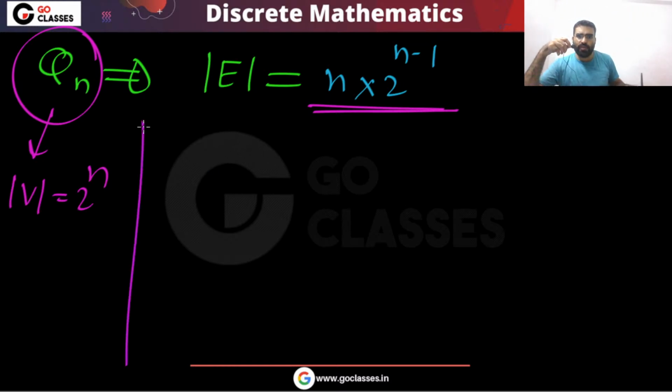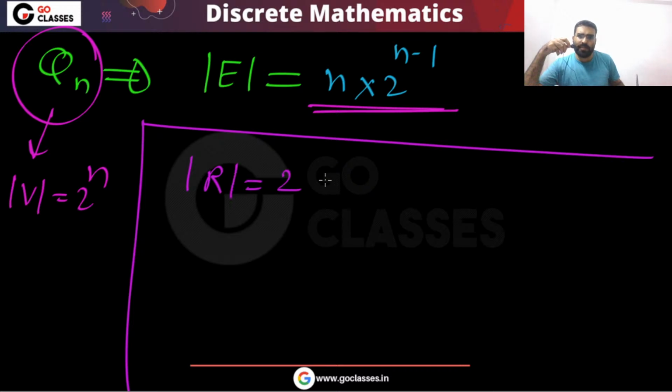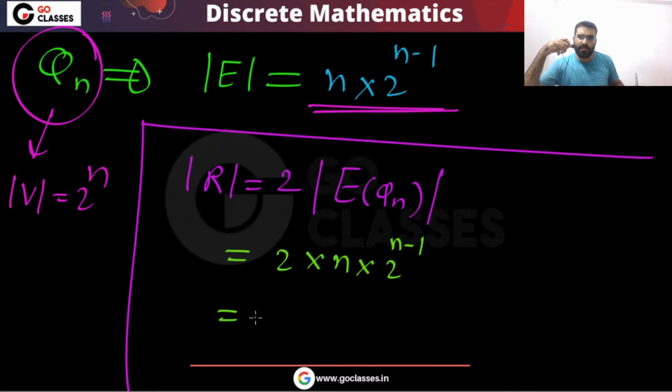Now tell me, what will be the cardinality of relation R? The cardinality of relation R will be twice the number of edges in Qn. Correct? So the answer will be 2 times n into 2 power n minus 1, that is, n into 2 power n.